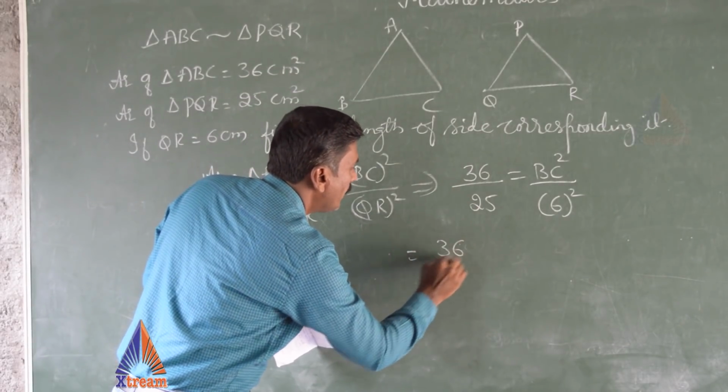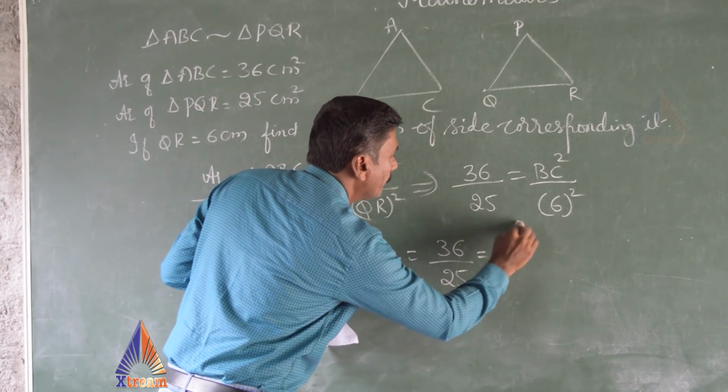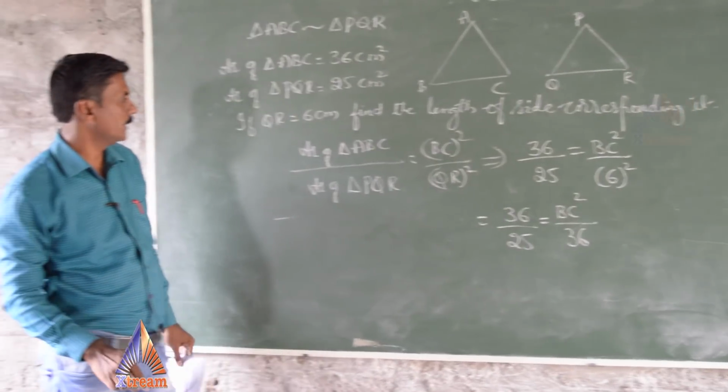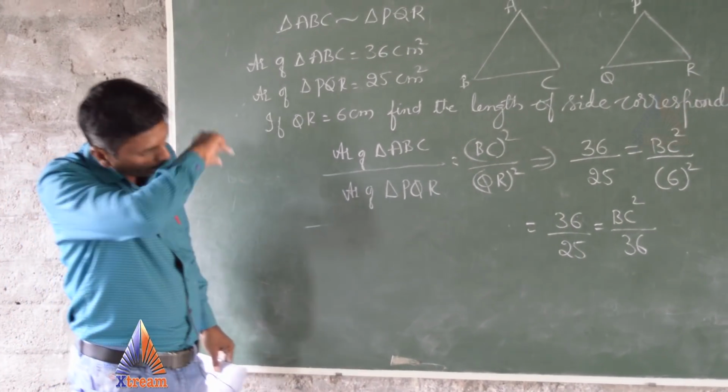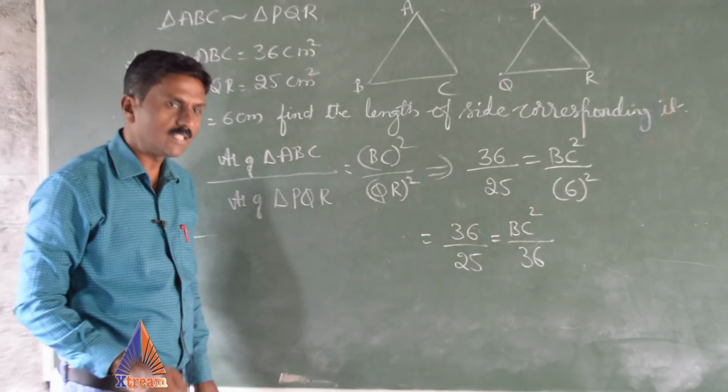So 36 by 25 is equal to BC square by, okay, square of 6 is 36.